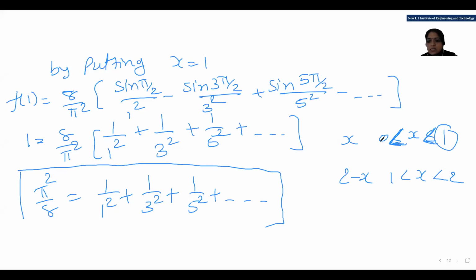This function lies between 0 to 1, and this function lies between 1 to 2, so there is no defined specific value at 1. Therefore, we take the average of these two, that is 1/2 limit x tends to 1 minus f of x plus limit x tends to 1 plus f of x. So we are taking the average of these two. Now, got it, Unnati?